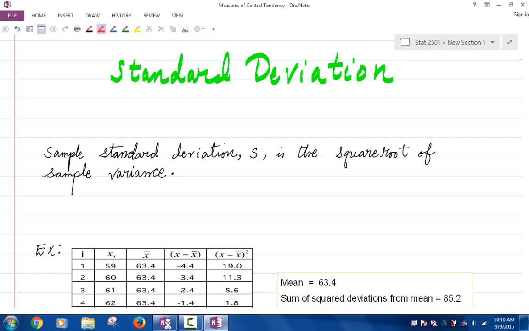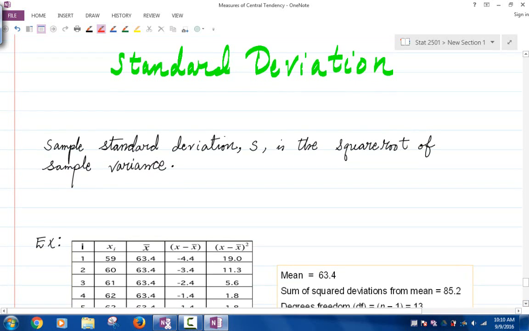Well, let's look at an example. In my example, I'm going to use the first formula of variance that I gave you.